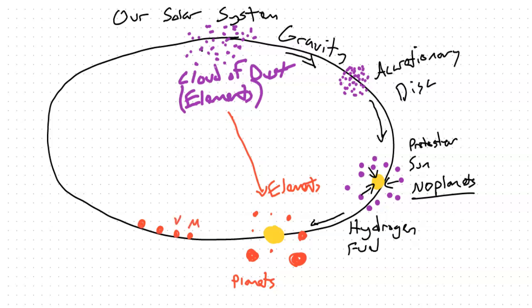Mercury, Venus, Earth, Mars are terrestrial planets made up of mostly iron and nickel and some silicon. And then you have your, let's do gas giants, the different color.